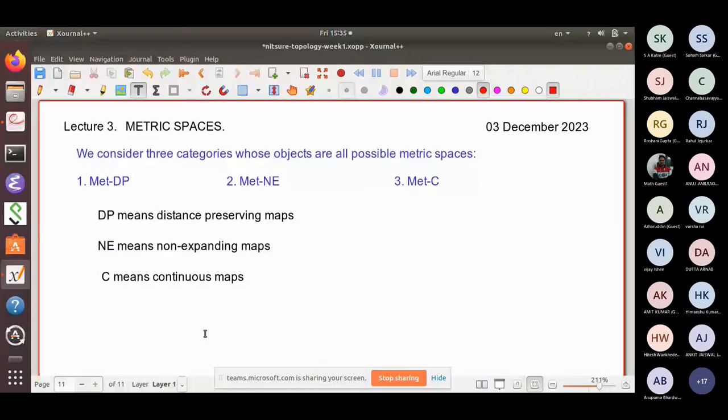And d is a map from X cross X into R such that 1, 2, 3. What are those things? Whatever they are, you know those conditions. What are they?